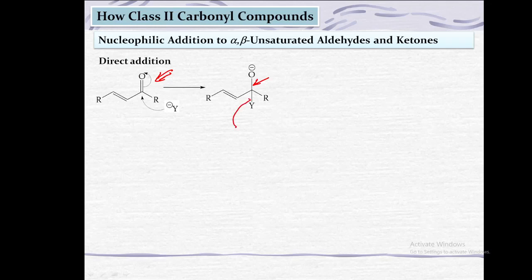Then we have a new bond between the carbon of the carbonyl and the nucleophile. Of course, what happens after that in this addition reaction is the neutralization, the quenching of the O negative by a proton, so that we have a neutral OH there. Please remember to always include the arrows to show the flow of electrons. So then this is a direct addition.